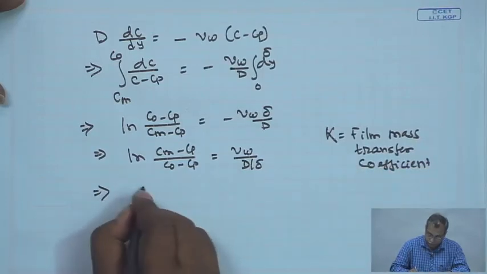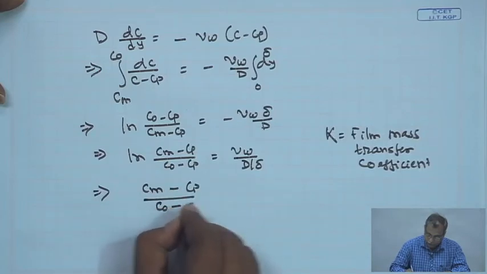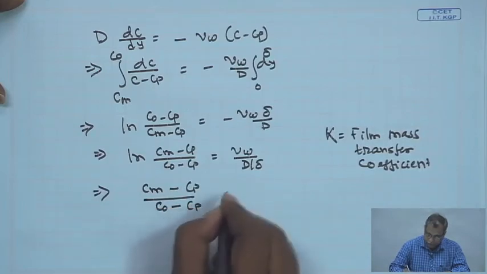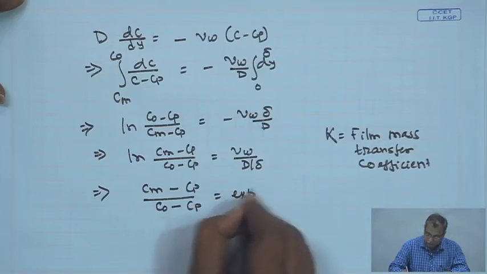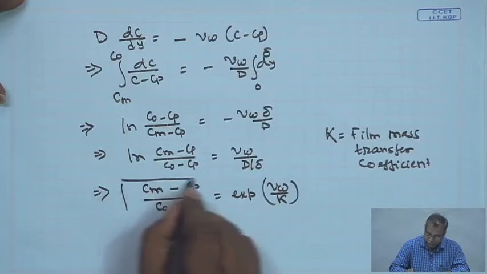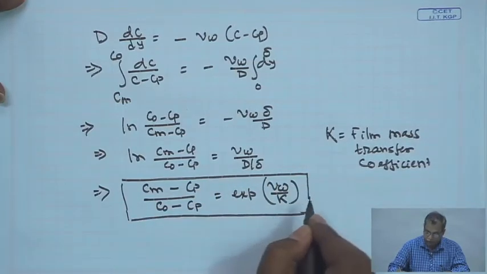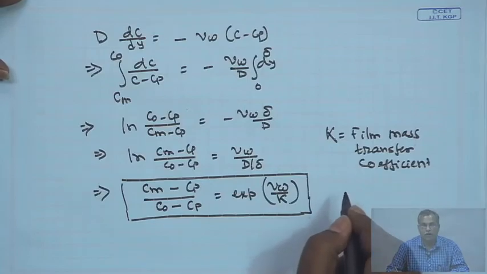So, therefore, one will be quantifying the concentration polarization: (Cm minus Cp) divided by (C0 minus Cp) is equal to exponential of Vw by k. This is a one dimensional model to quantify the concentration polarization or mass transfer boundary layer in the channel, if we consider a one dimensional film that is formed over the membrane surface.